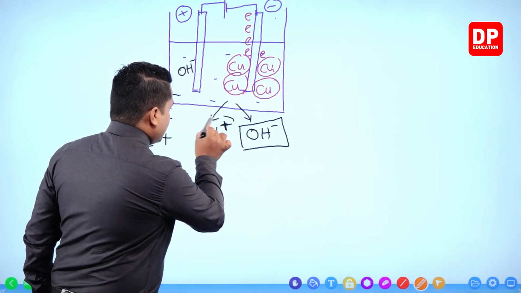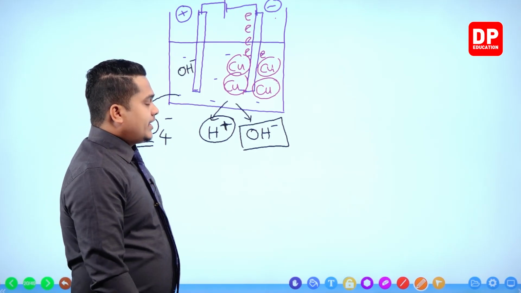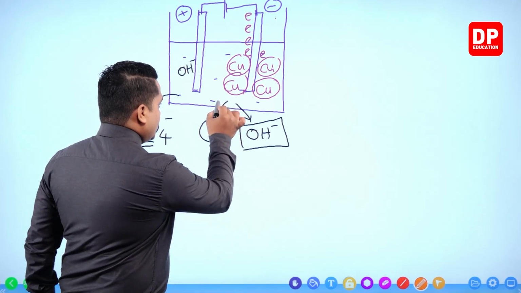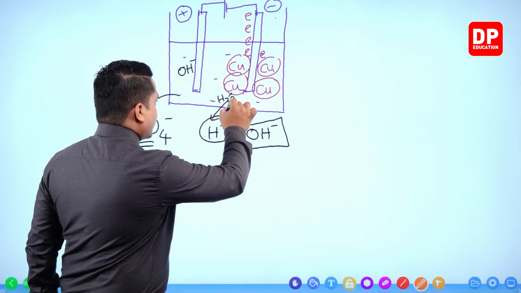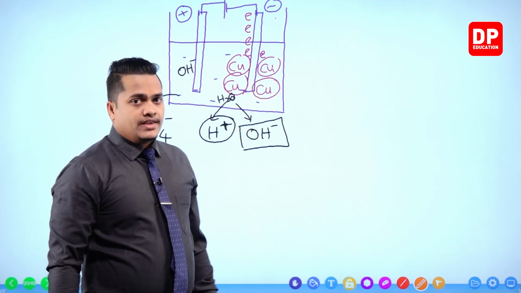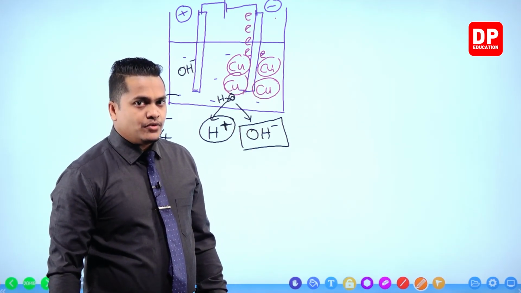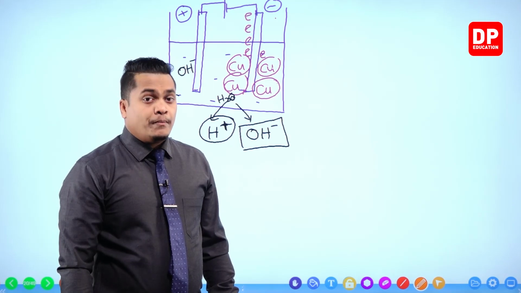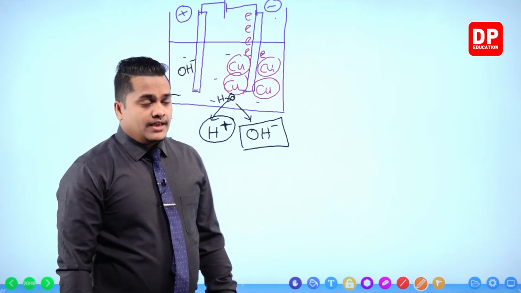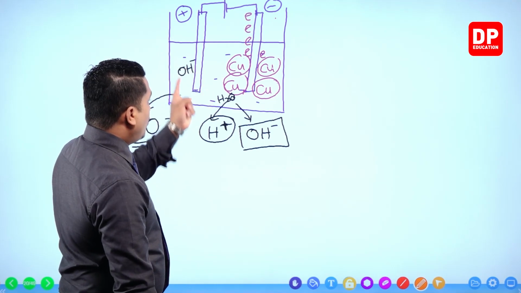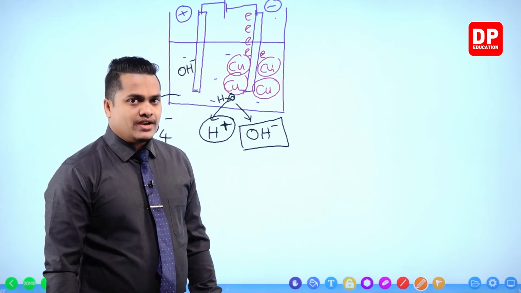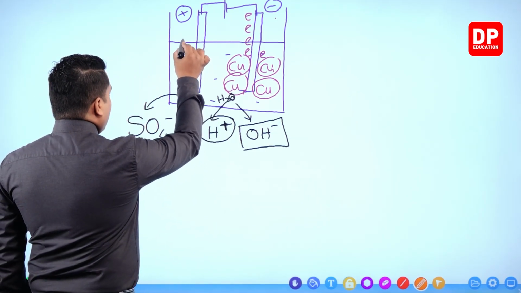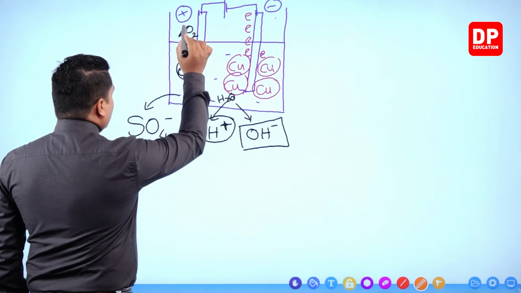Likewise, the hydrogen plus ions created by breaking down water are also attracted to the negative terminal over here, but they don't have the ability to change into another type of substance. Copper is the one which undergoes a change. Over here at the positive terminal, the OH minus ion is the one which is going to change. This OH minus ion is going to break down and create oxygen gas.